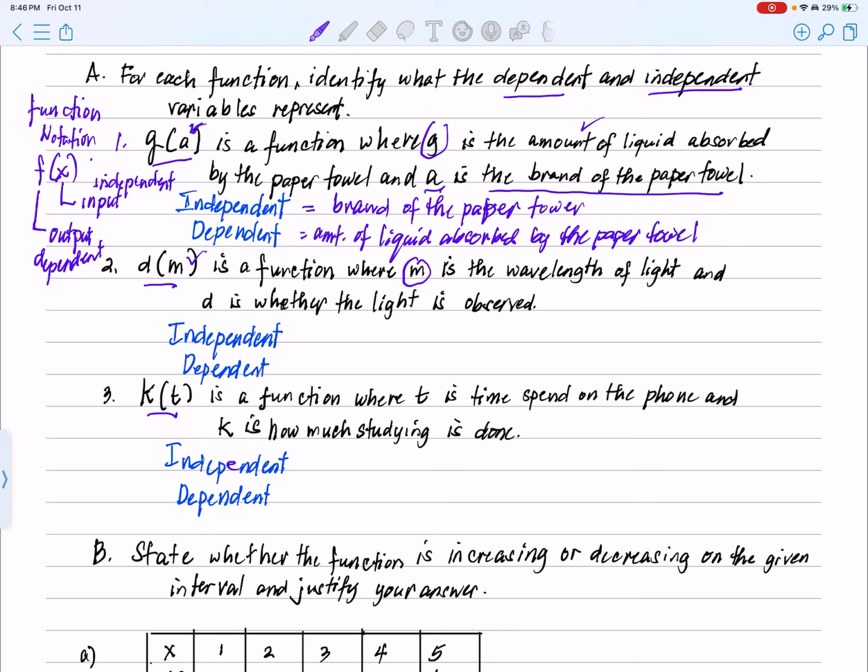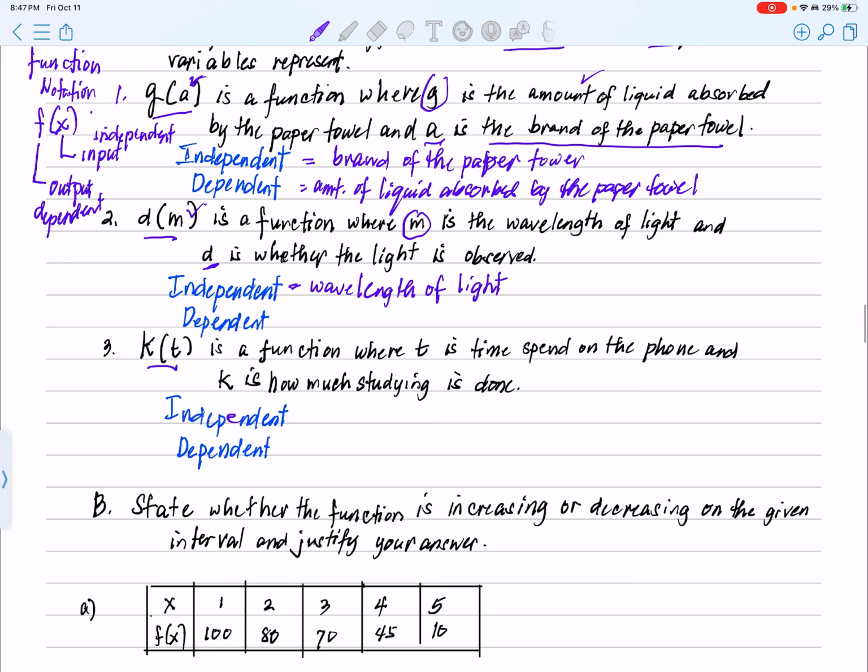And d is the dependent. So the independent here is the wavelength of light, and the dependent is whether the light is observed.